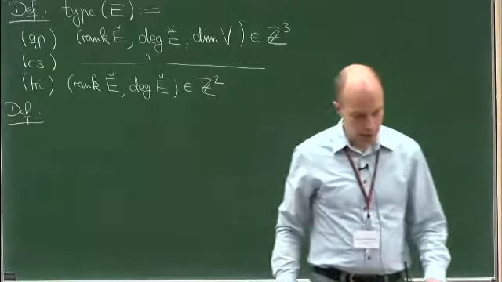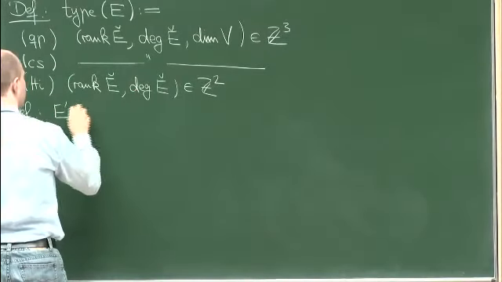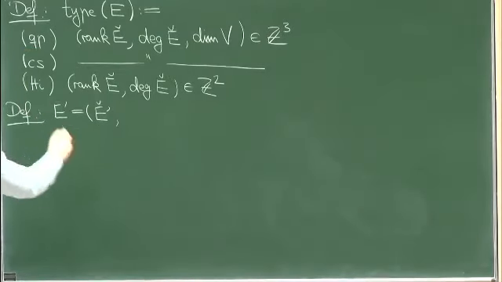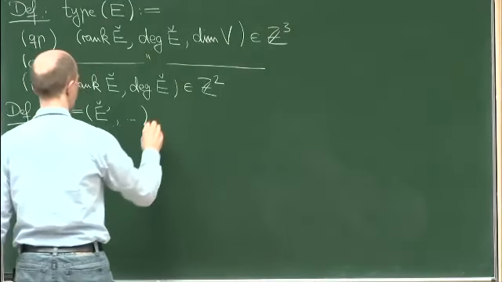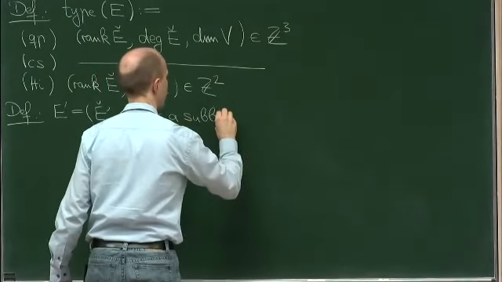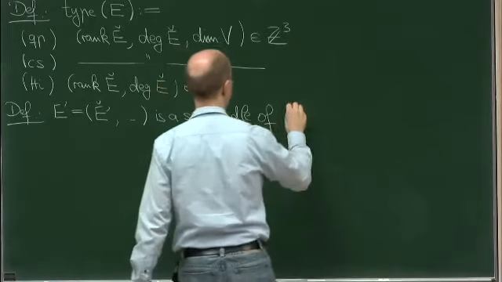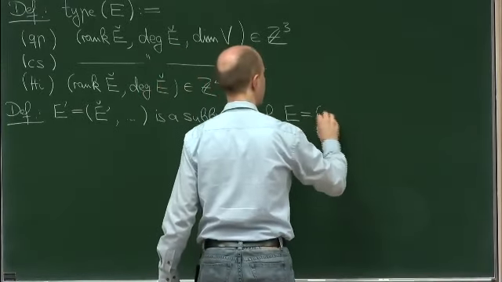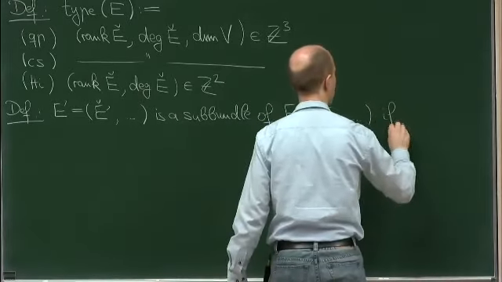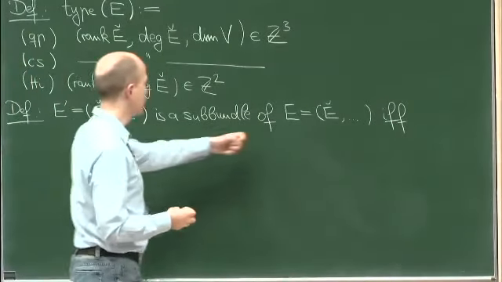So let E prime be an augmented bundle. So it has an underlying vector bundle E prime check and then some extra structure, and we say that it is a subbundle in the augmented sense of another augmented bundle E if, first of all, the underlying vector bundle is a subbundle.